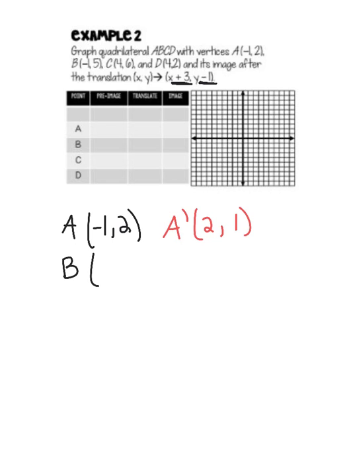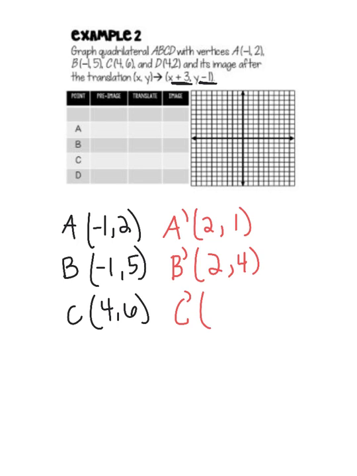Okay, point B. Negative 1, 5. So B prime, we're going to take that x value and add 3 to it. We get 2. We're going to take that y value, 5, subtract 1, we get 4. C, 4, 6.